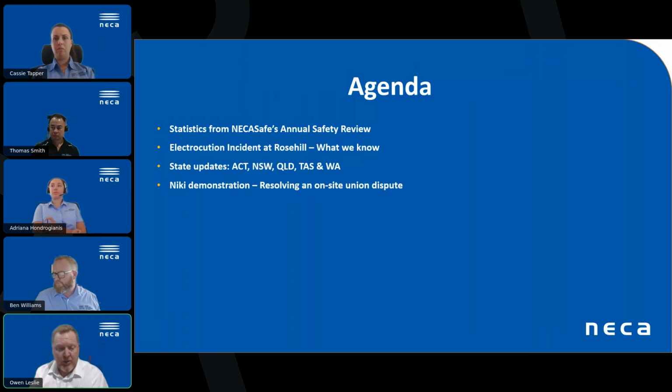He managed to survive only because there were people nearby and access to a defibrillator, and he was brought back via the defibrillator. That was an extremely close call, but it sounds very similar to this event. What we do know is that he was working on the UPS supply system at Rose Hill, and I think that was similar to the Eastern Creek event as well.